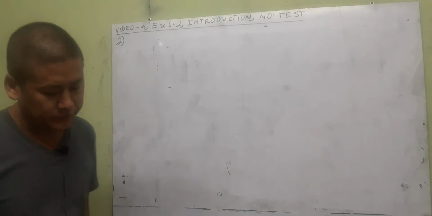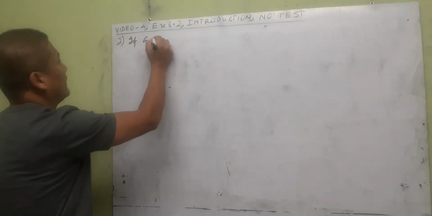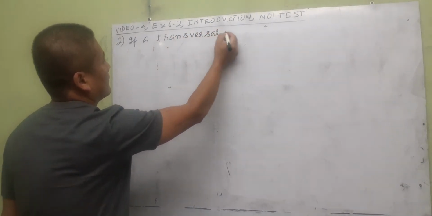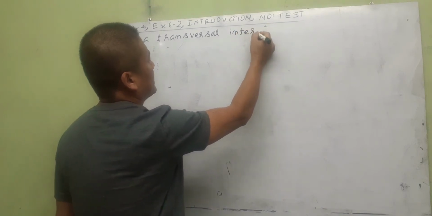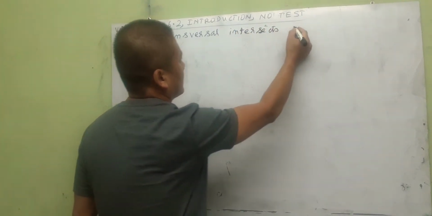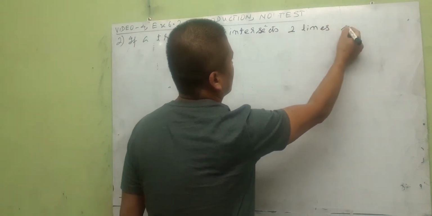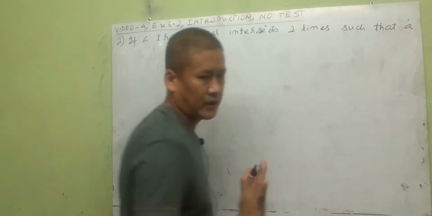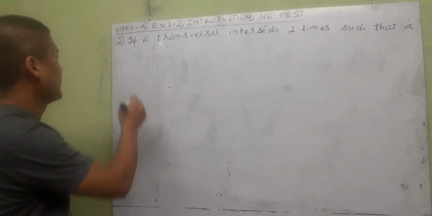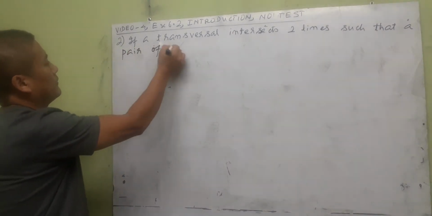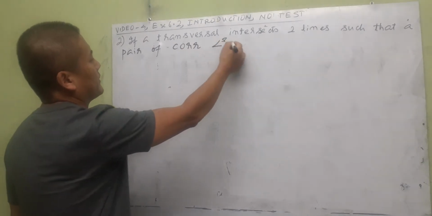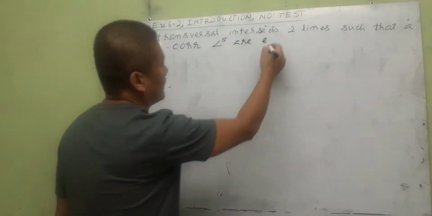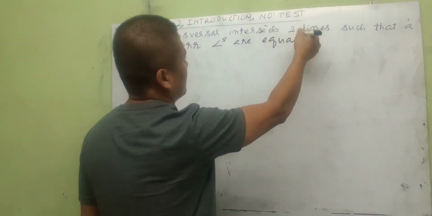If a transversal intersects two lines such that a pair of corresponding angles are equal, one pair is enough, okay?